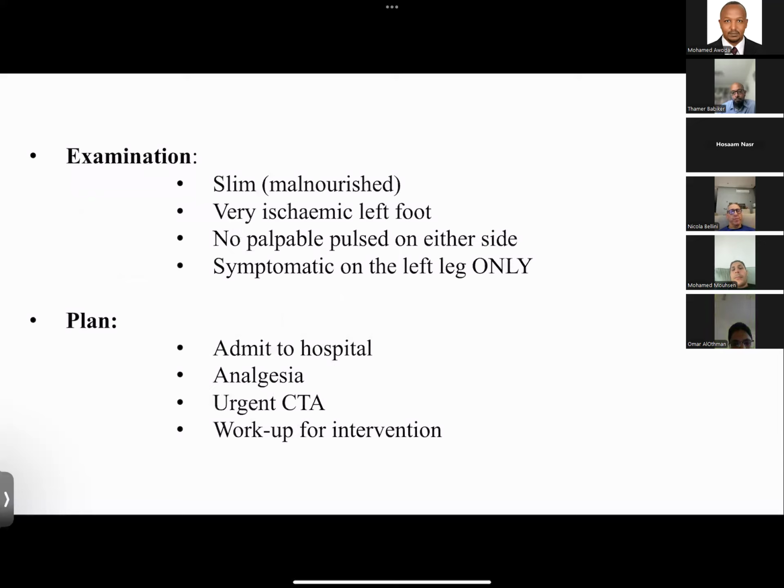I remember her very clearly. She weighed 35 kilograms, which, at the time when my boy was 10, was lighter than my 10-year-old boy. Very ischemic left foot, no palpable pulses on either side, symptomatic only on the left side. So the plan was to admit her to hospital, analgesia, urgent CTA, and work up for intervention.